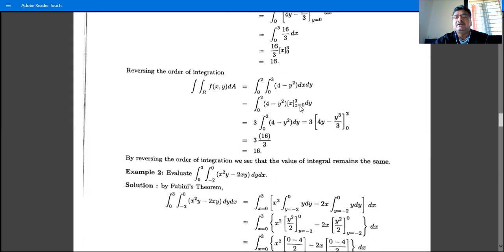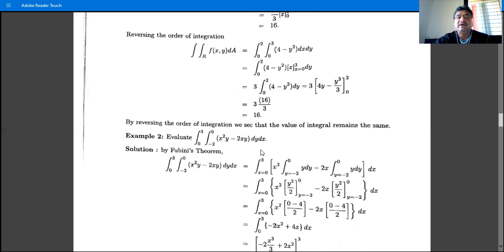The value at the upper limit is 3 and at the lower limit is 0, so take that 3 outside the integration. Then the integration of 4 minus y square is 4y minus y cube by 3, from 0 to 2. Substituting y as 2, we have 16 by 3 as the answer, and y as 0, we have 0, and so again we have the same answer.